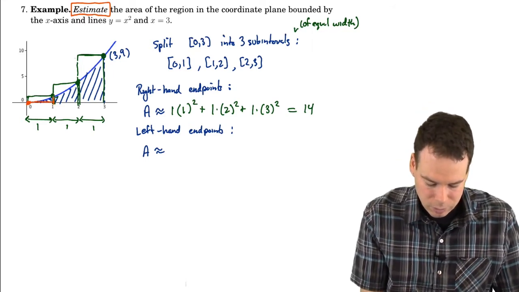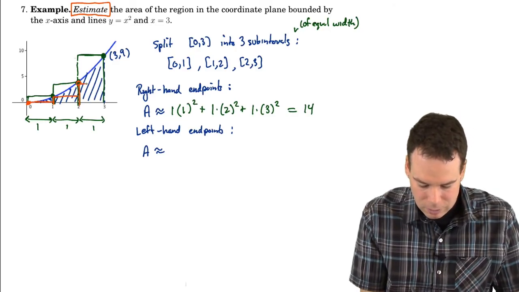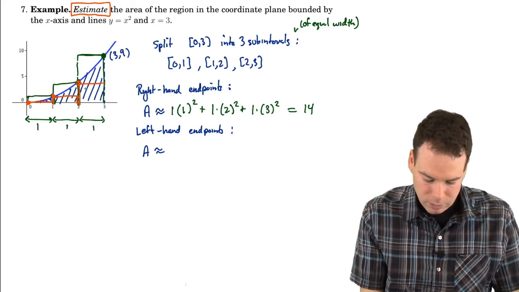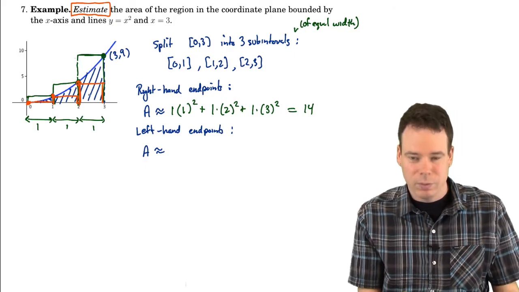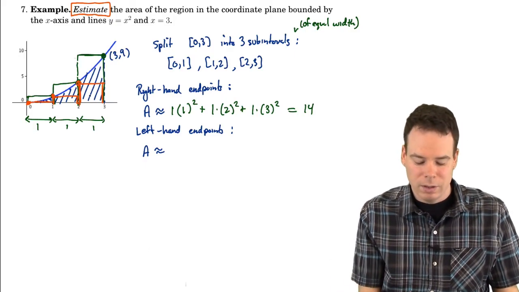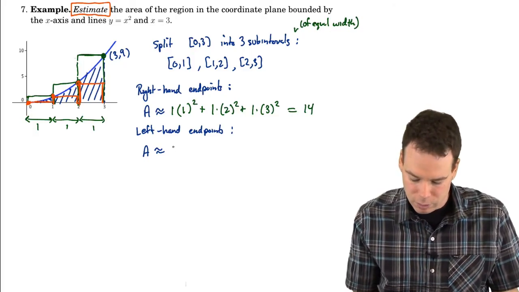The first one is height 0, so it doesn't really give me any rectangle of any area, and then all the way across. So I get these rectangles now. And we can see, since the function's increasing, that all of these rectangles are sitting below the actual area I'm interested in. So some of these areas are lower bounds to the actual area under the curve.